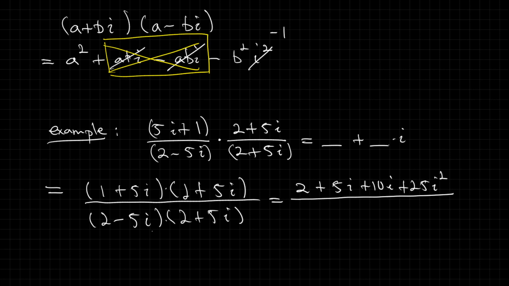And in the denominator, remember, we should expect this to be real. We get 4 minus 10i. Oh, that is the inside. I want to do the outside first, although to be quite honest, it doesn't matter if you do the inside or outside first. So plus 10i minus 10i, and then finally we get minus 25i squared.